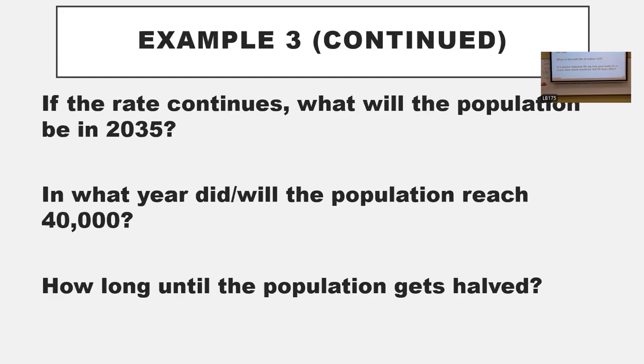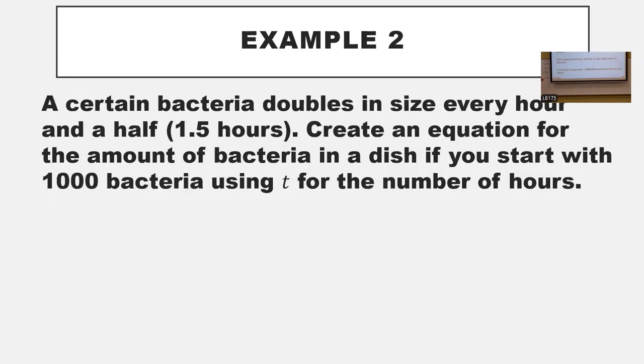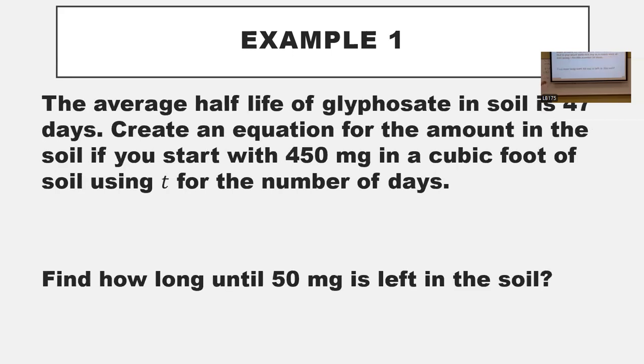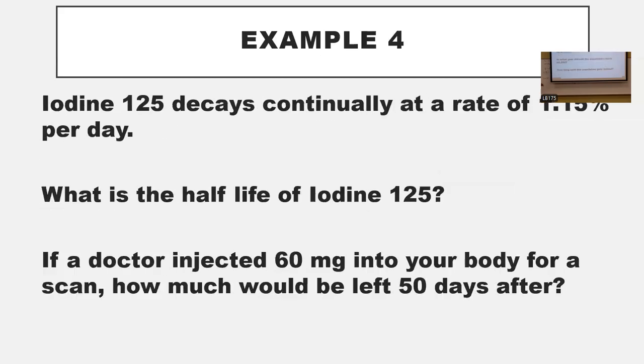And other times, like in example 2, we were given a time it takes to double. And in example 1, we were given a time it takes to be cut in half. All right. So it's easier to write one way or the other.